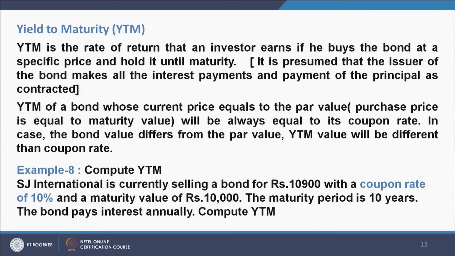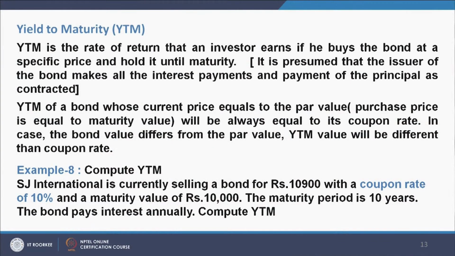It is presumed that the issuer of the bond makes all the interest payments and payment of the principal as contracted. For a bond whose current price equals the par value, that is, the purchase price is equal to the maturity value, YTM will always be equal to its coupon rate. In case the bond value differs from the par value, the YTM will be different from the coupon rate.